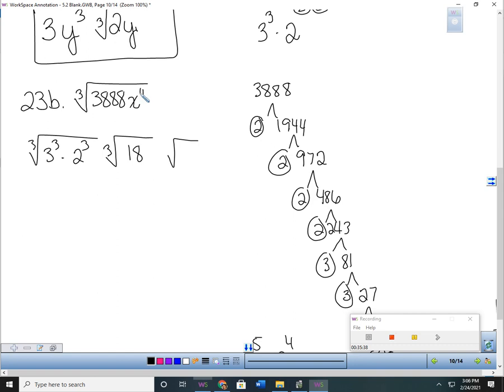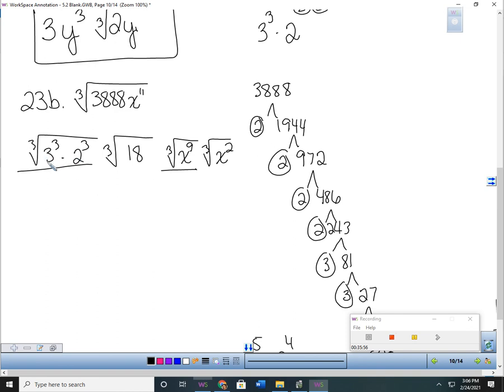Then look at your variable. It's 11. What's the biggest number that's smaller than 11 that you can divide by 3? 9. So I'm going to use x to the 9th, which leaves how many x's left over? 2 of them. So your perfects are the front one and the third one, right? Now when I cube root this, I have to do each one.